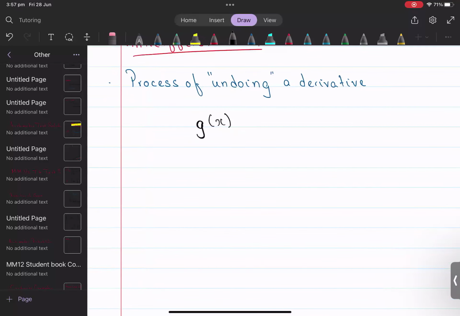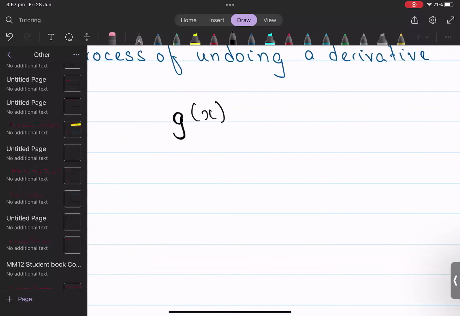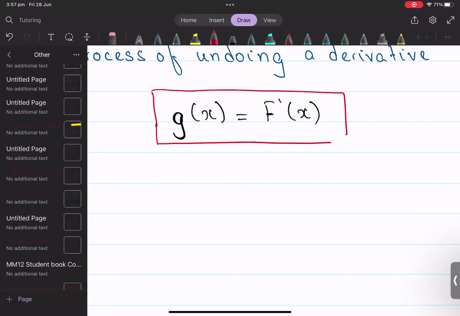We will get into specifics eventually, but I will define this g(x) to be equal to the derivative of some function F(x), big F that is. So in other words, g(x) is defined as the derivative of capital F(x). There's no way to prove this. This is just a definition that I have made up in my head, if you like.